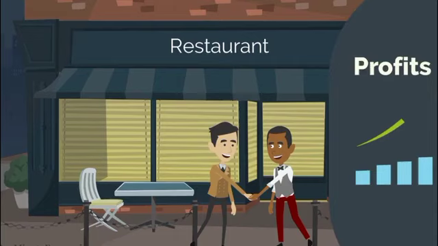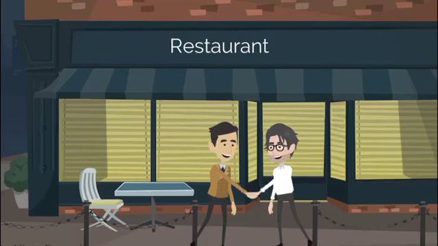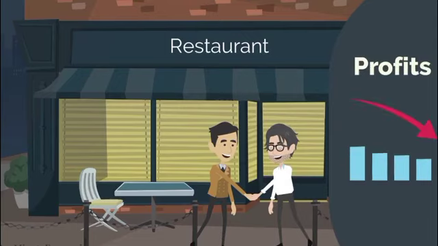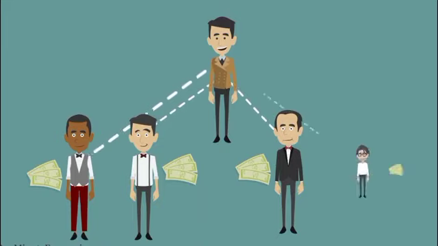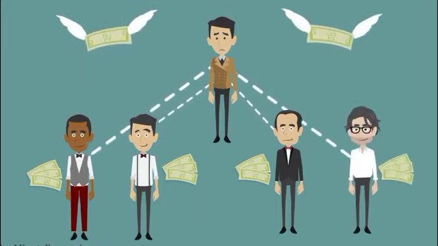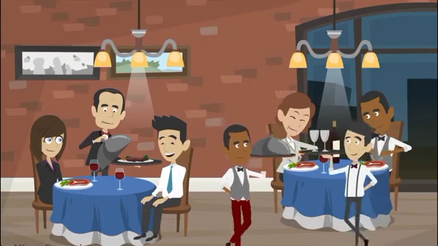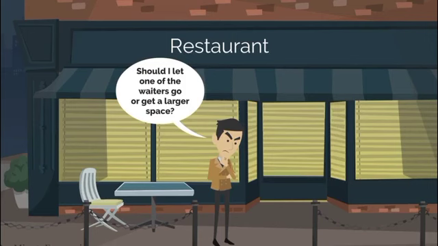So he decided to employ a third waiter. The monthly profit now increases to $6,500. And in order to increase his profit, he decided to employ the fourth worker. And as you can see, the profits now began to decrease.